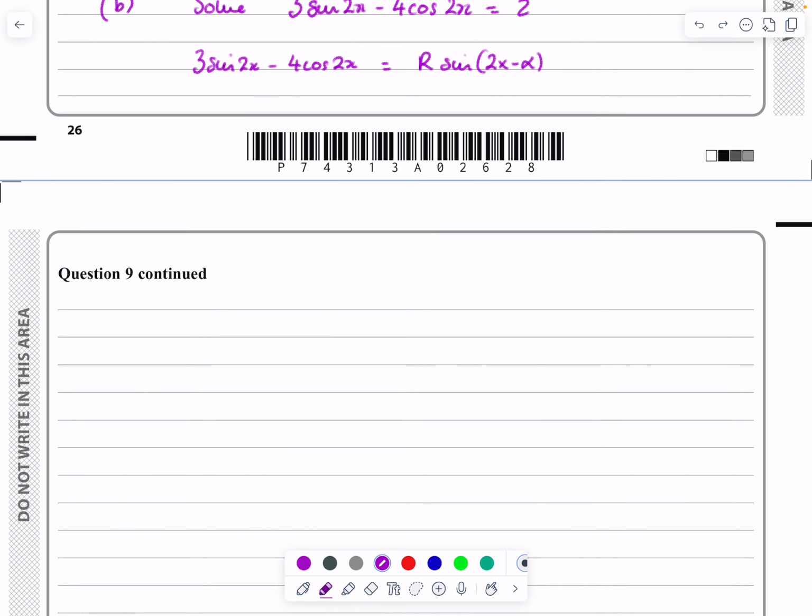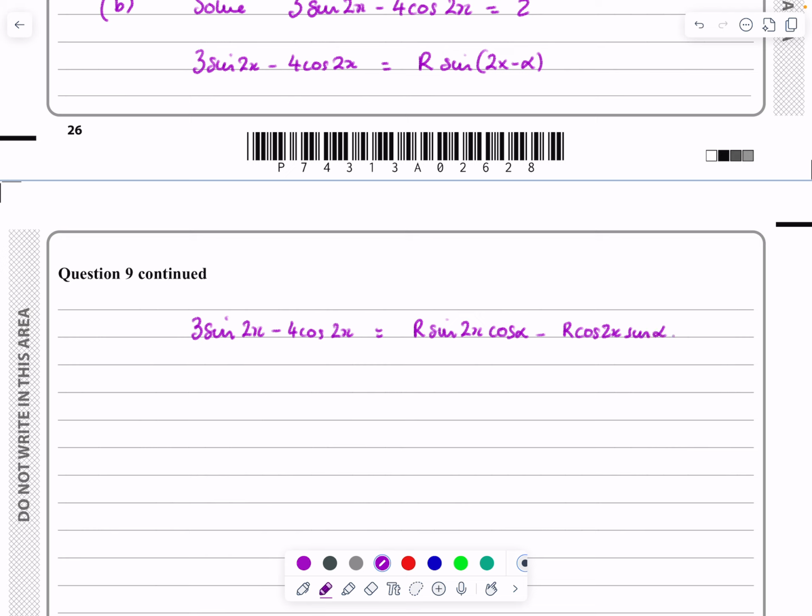So 3 sine 2x minus 4 cos 2x works out to be, sine of A minus B is sine A cos B minus cos A sine B, but I'm going to write it out anyway. So that's R sine 2x cos alpha minus R cos 2x sine alpha.